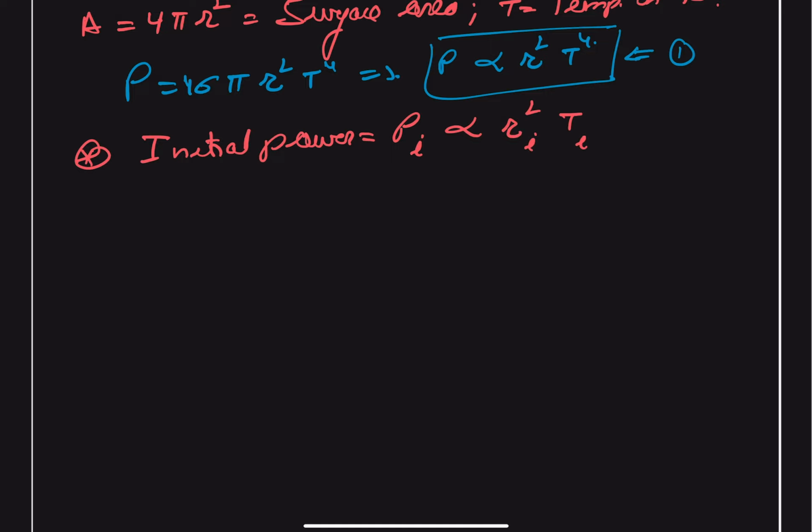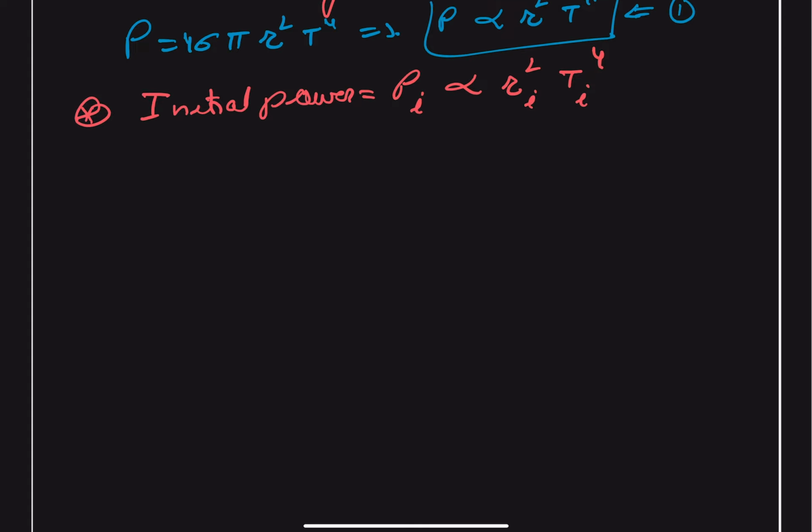And similarly we can write final power, let us call that Pf. It will be directly proportional to radius final whole square and temperature final raised to power 4.